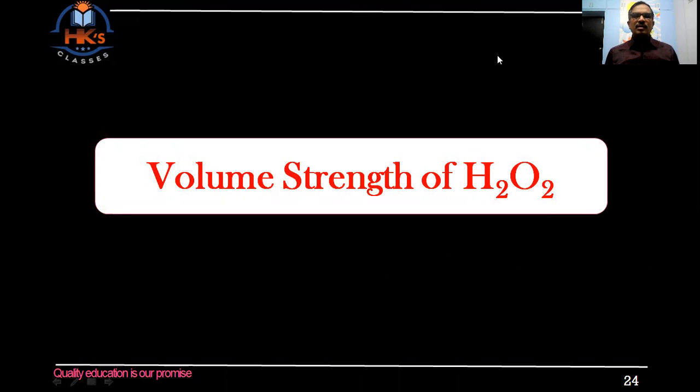Generally, if we come across concentration, we may express it in terms of molarity and normality for different solutions. But coming to hydrogen peroxide, we can express its strength in terms of molarity, normality, and apart from those, also in terms of its volume strength.